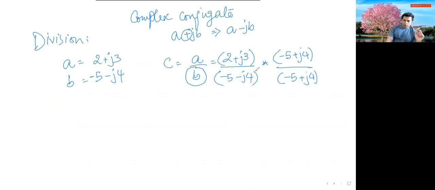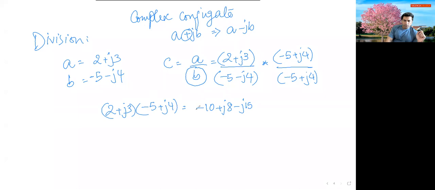Okay, so let's look at the numerator first. 2 plus j3, negative 5 plus j4. Like we did in our last slide, 2 times negative 5, negative 10. 2 times j4, plus j8. j3 times negative 5, minus j15.